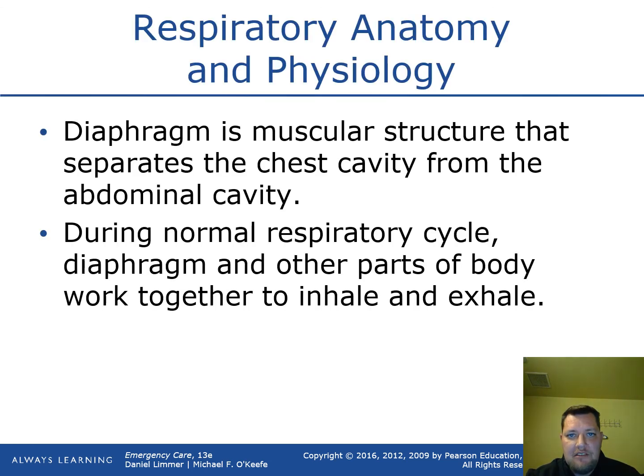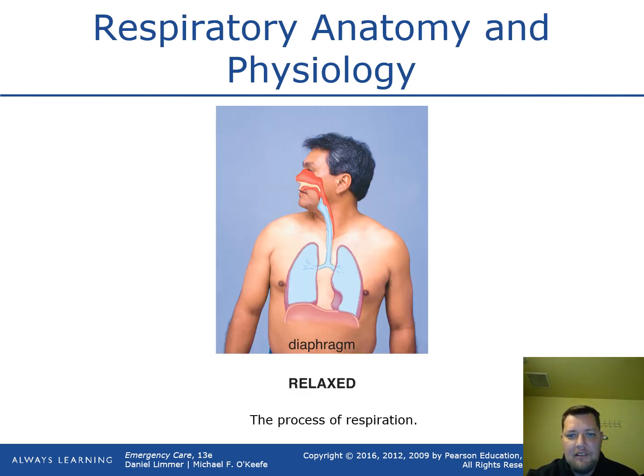So respiration, respiratory anatomy and physiology. The diaphragm is that muscular structure that separates the chest cavity from the abdominal wall. And during the normal respiratory cycle, the diaphragm and other parts work together to inhale and exhale. Okay, so we've got the diaphragm down here.